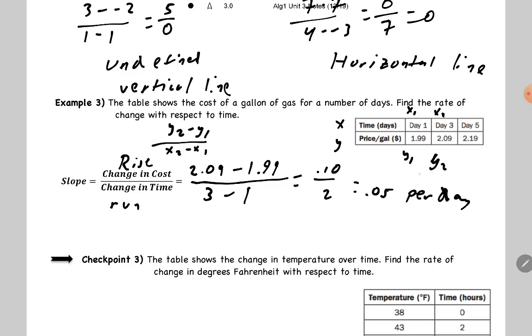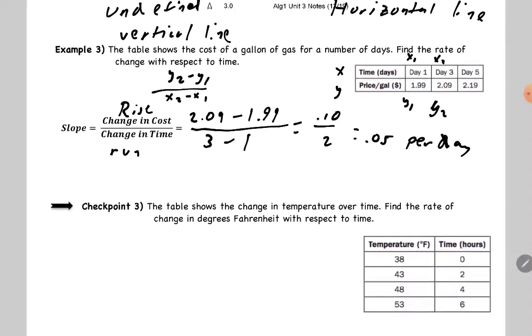So 5 cents per gallon per day. That's not bad. It's really cheap. But that could just be how much you used, which means not very much at all.